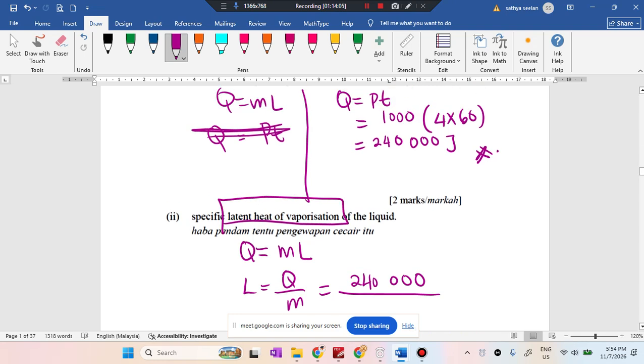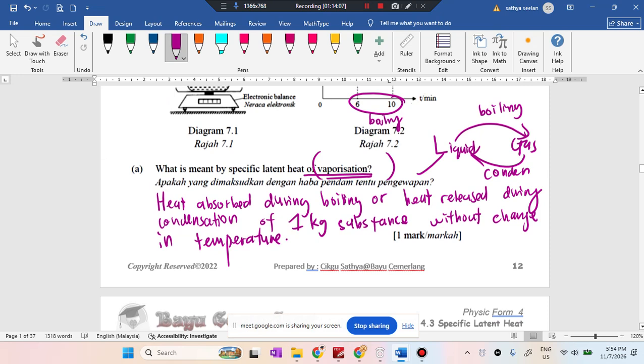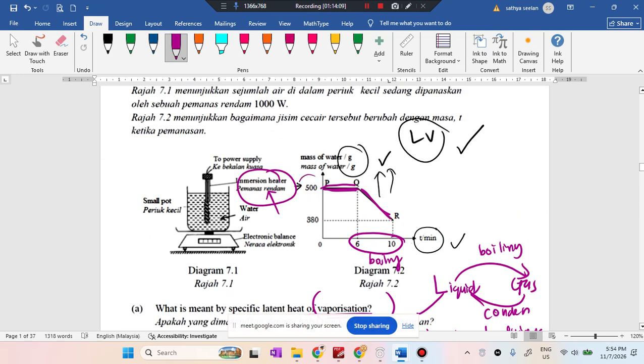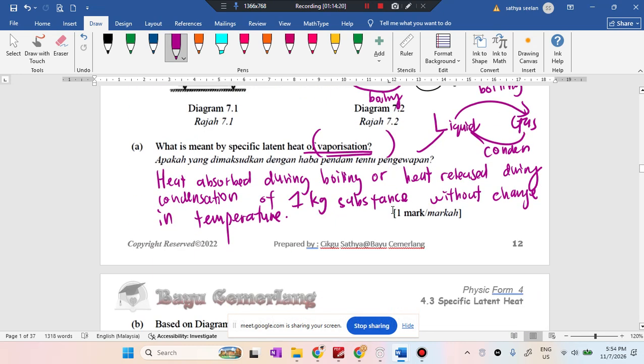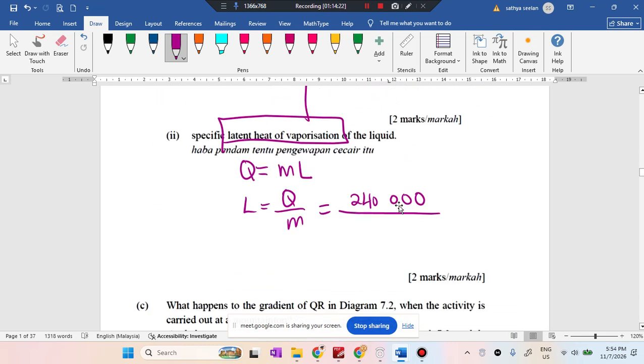So we need to calculate the mass of liquid that has been evaporated, from 500 to 380. Another trap. So don't take 500, don't take 380. You take how much needs to be evaporated, which is 120 gram. So 500 minus 380, and this is in gram. So convert to kg.